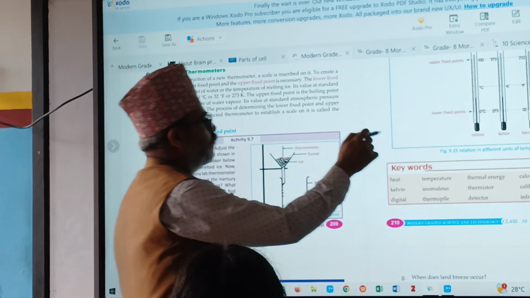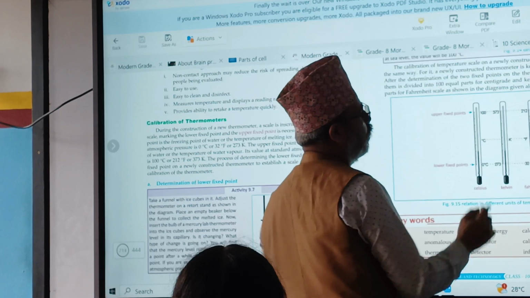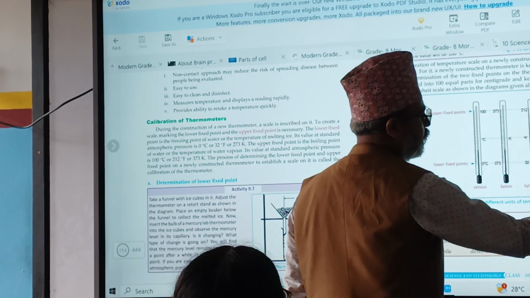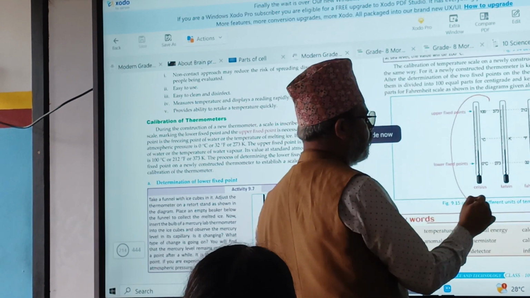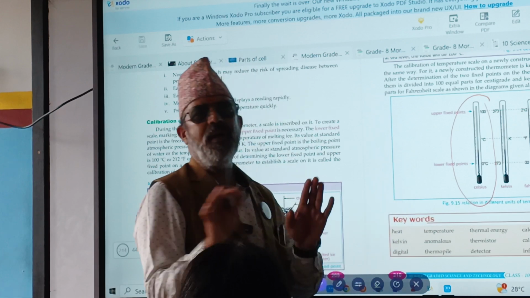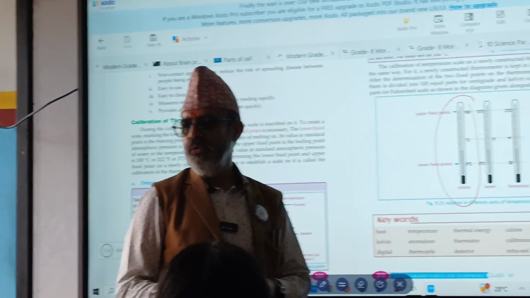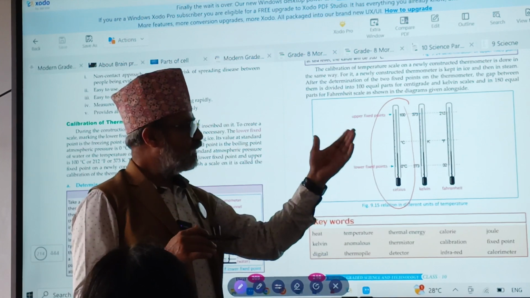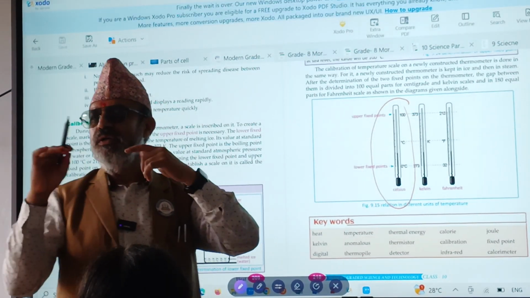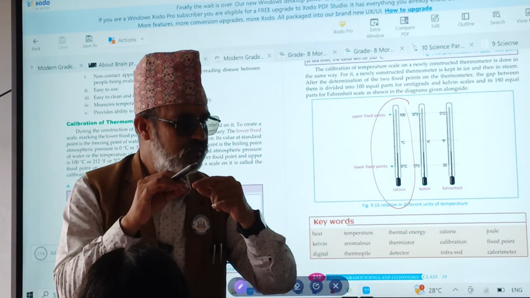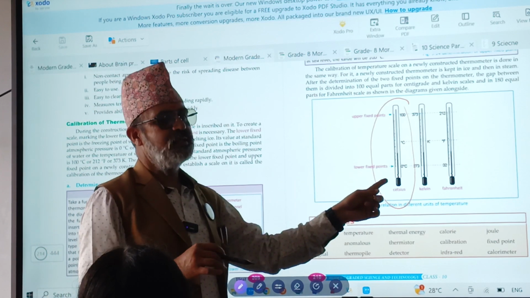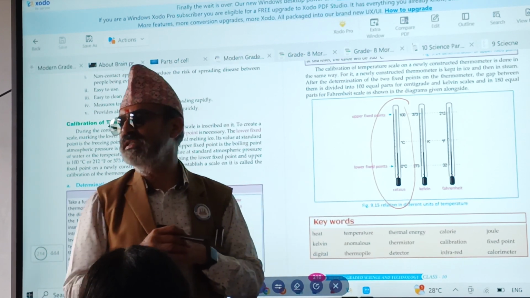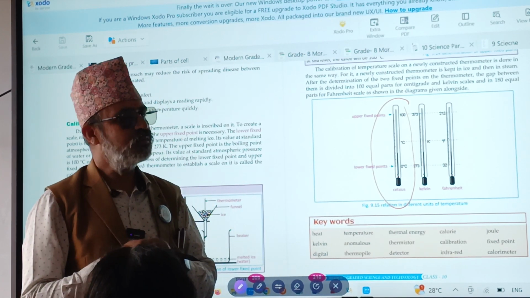There is one thermometer. In this thermometer, there is no scale, no values are given. We have to find out at which level it shows the boiling point of water, at which level it shows the melting point of water. That process is called calibration of thermometer.